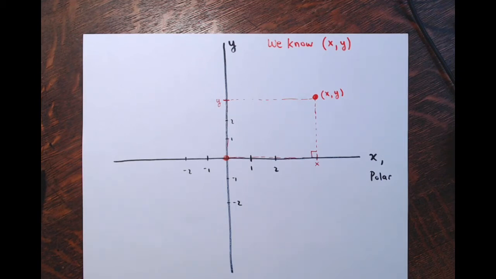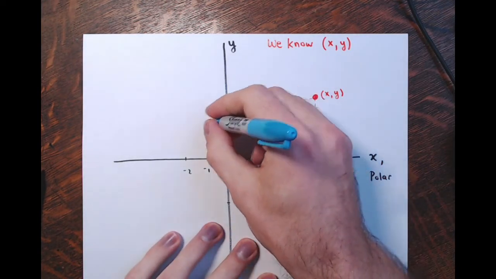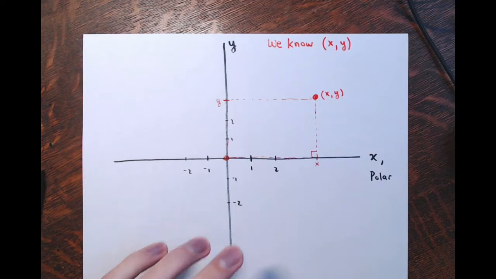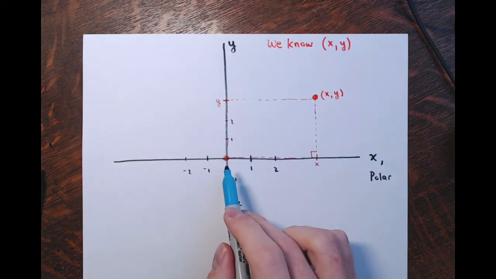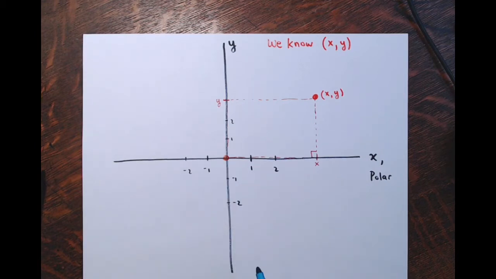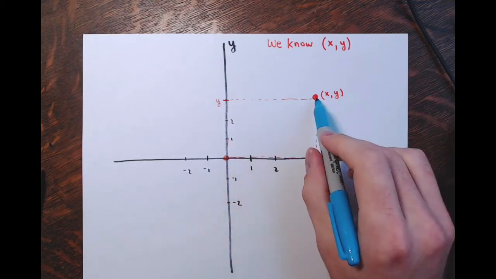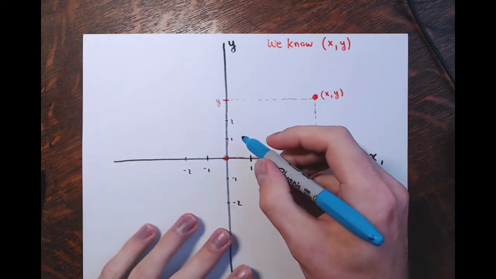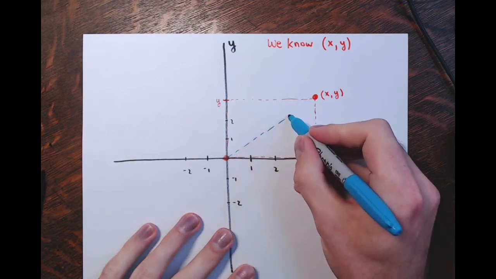Now, if we want the polar coordinates for this same point, remember, with polar coordinates you're talking about traveling around on circles instead of rectangles. And these are circles centered at the origin, centered at the pole. So I would like to know what circle this point is on. That means I need to know how far it is from the origin.